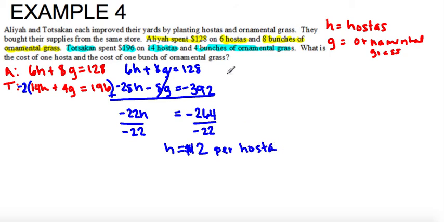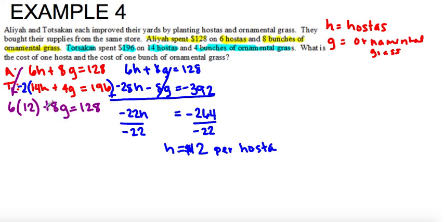Alright, I have to figure out the ornamental grass also. So I'm going to use one of the 2 equations and plug in the 12. I'm going to use the top equation. So I have 6, and for H I plug in 12, plus 8G equals 128.